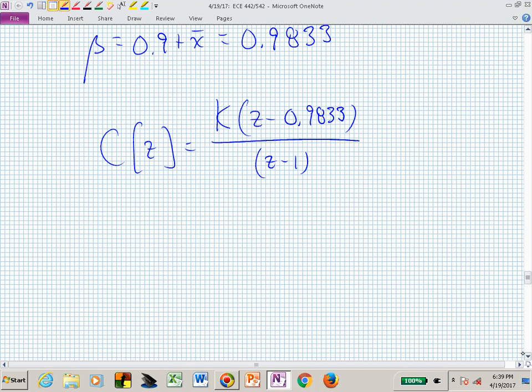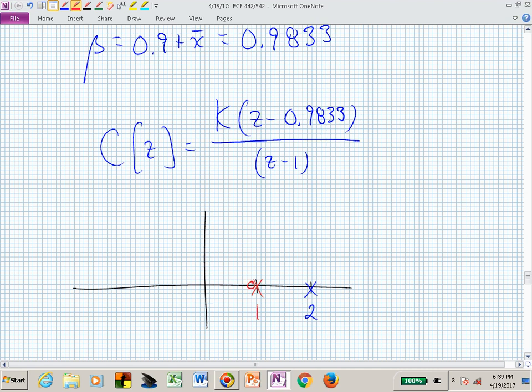Or from this, can I now sketch a root locus? Probably should have made this bigger, but this is now at 2. I had a pole there, and I have another, and I have a zero right there, right? At 0.9833.